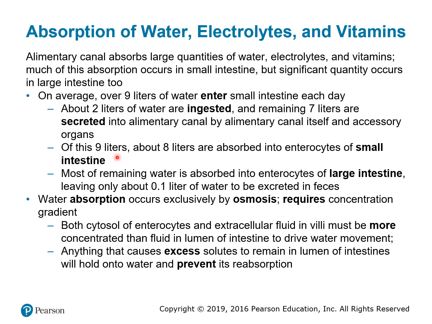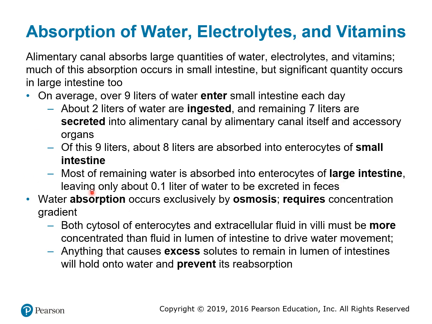Most of the water absorbed in the large intestine is going to leave, but only about 0.1 liter of the water is being excreted in the feces. So it's a very small percentage of the water you drink that gets released in the feces.